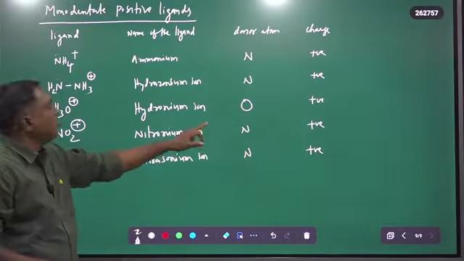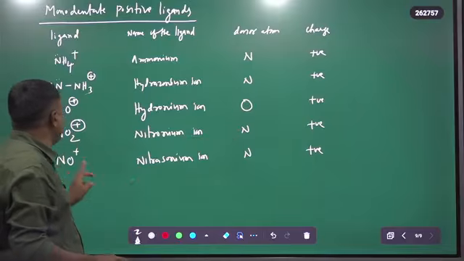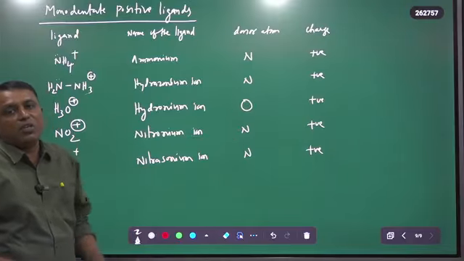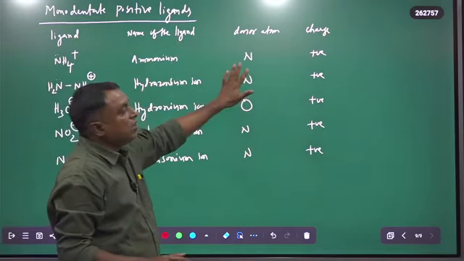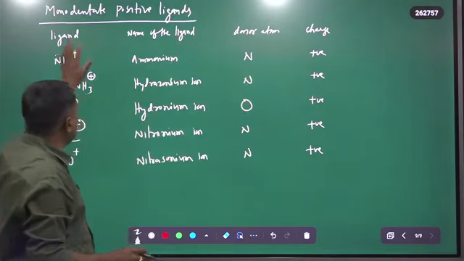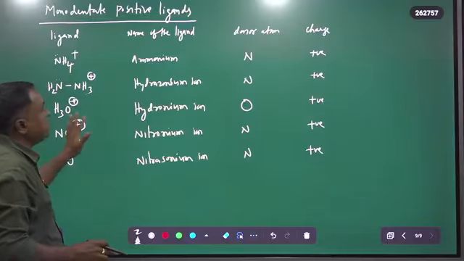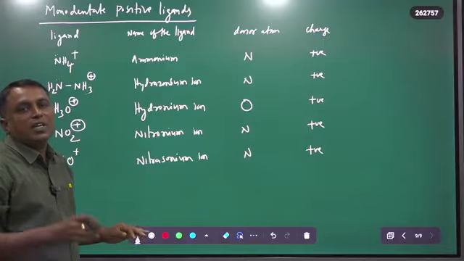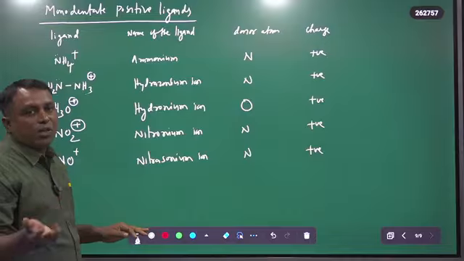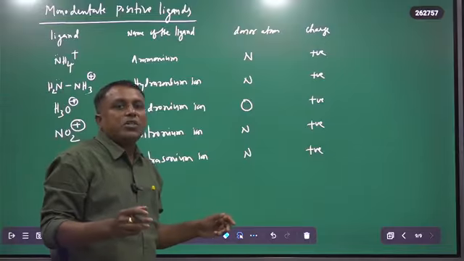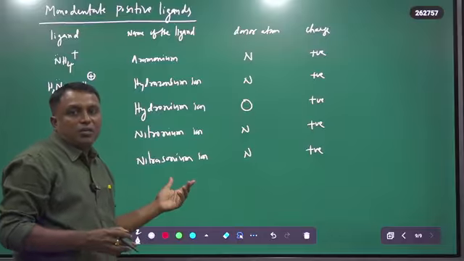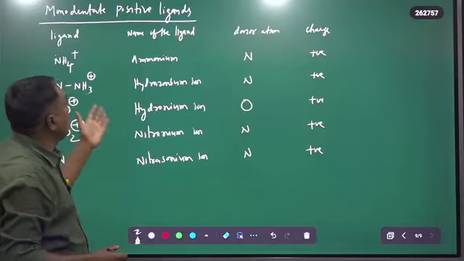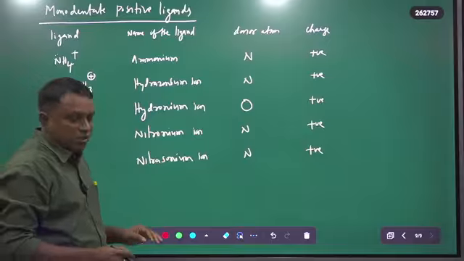In these also, nitrogen is the donor atom. The donor atoms of these species are able to donate an electron pair to the central atom. By that there will be formation of a coordinate bond between the central atom and the ligand, so you get complex compound formation.